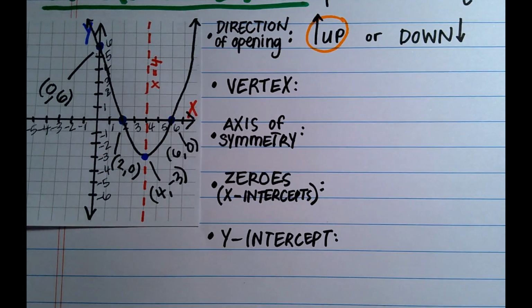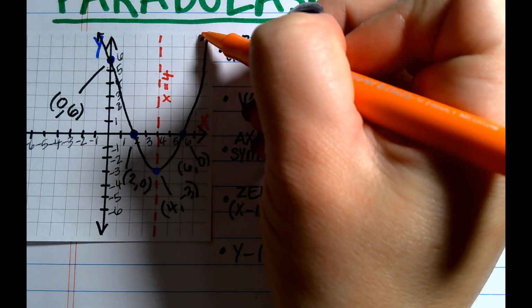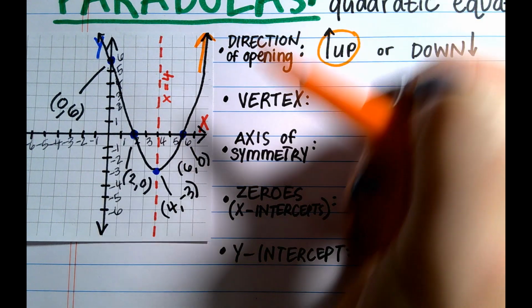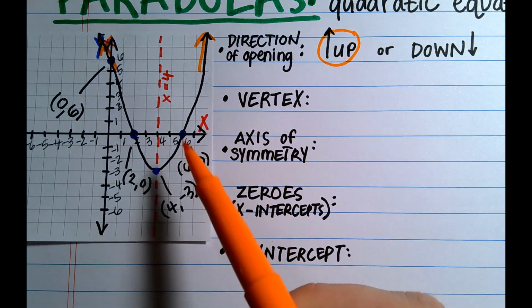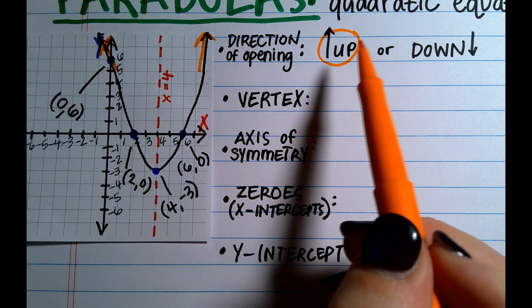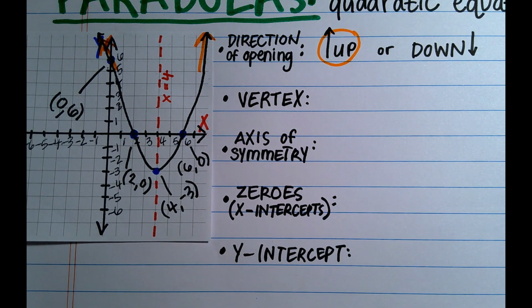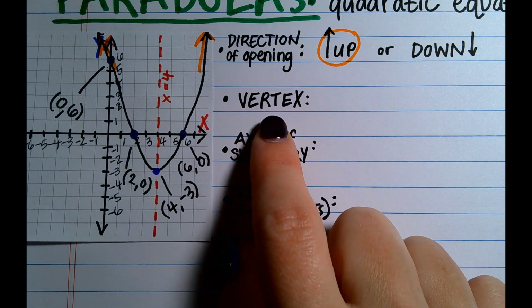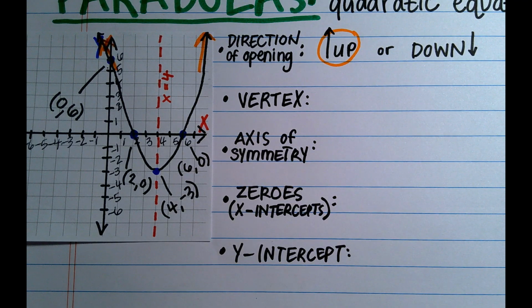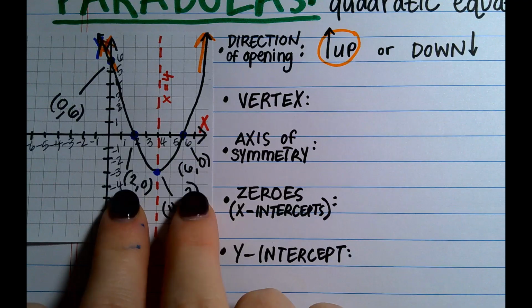And if it helps you, this is the one that I don't think anyone's ever gotten this wrong. The arrows are going up, so the direction is up. Now, the vertex. This is going to be either the lowest point on your graph or the highest point. It depends on which way your graph is facing.